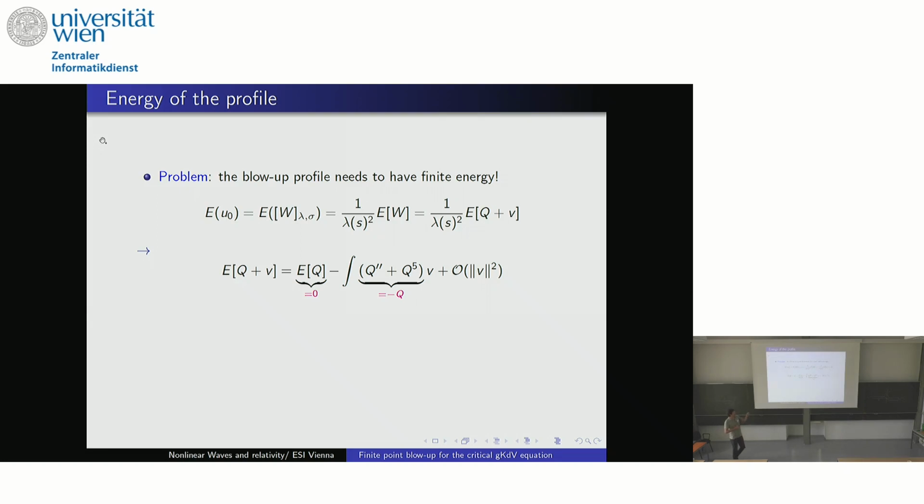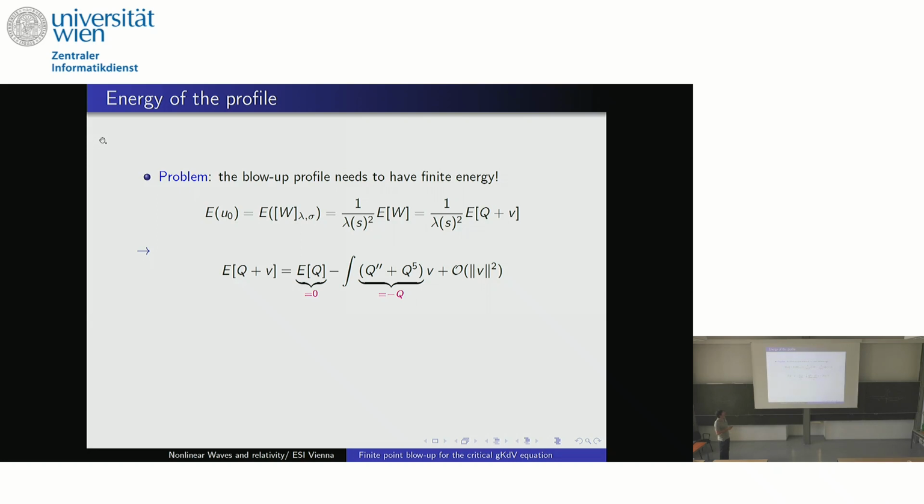In our case it is 1 over s square, but the closer you are to the self-similar value, the smaller it is. So you divide by a very small parameter, so somehow 1 over lambda is very, very large. But the game here is that we want to construct a finite energy solution. So somehow we have to deal with this.